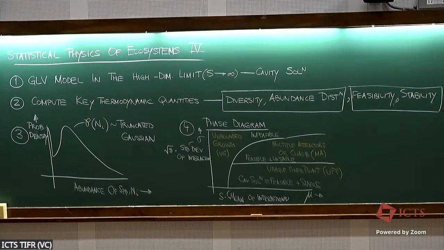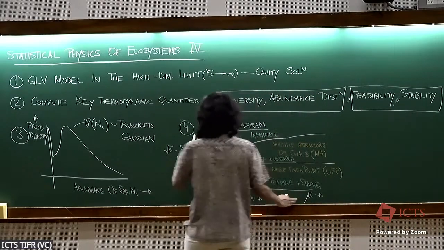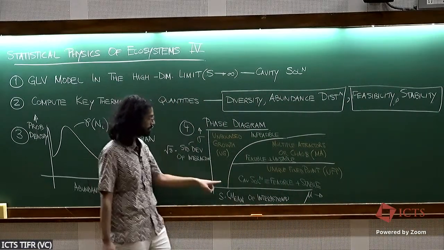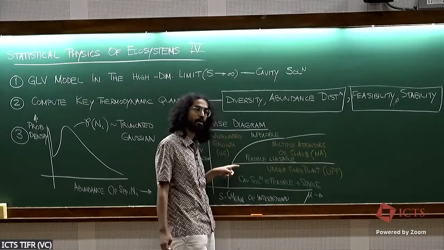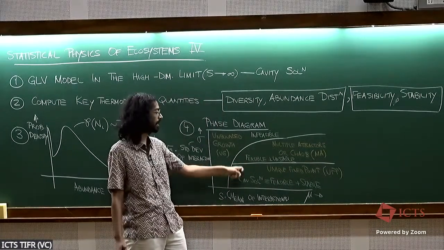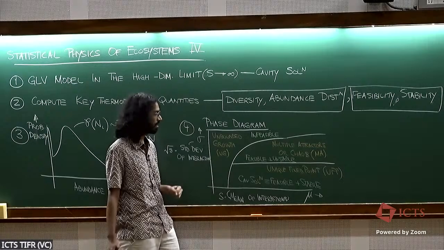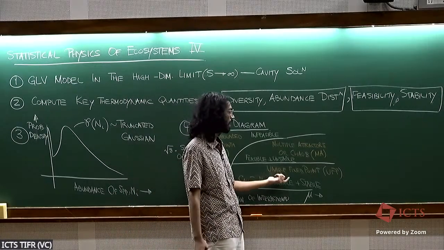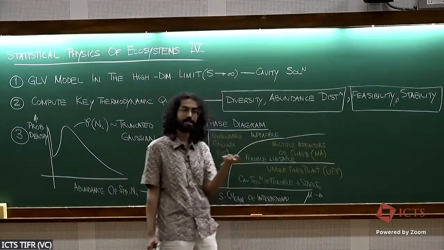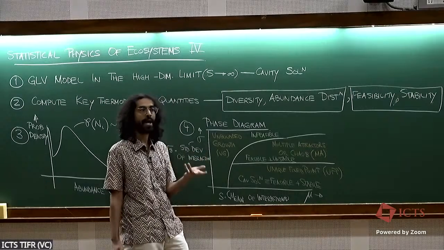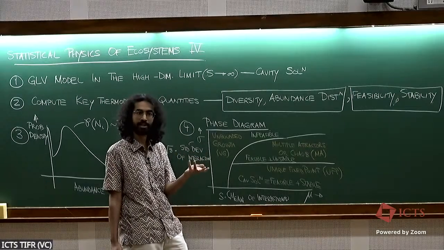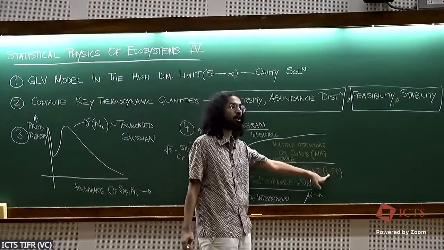Right? And if you look at this phase space of mu versus sigma, what you see is that there are two phase boundaries separating and creating three phases. There's one phase in which you get a unique globally stable fixed point, which attracts all trajectories. That's often called the UFP phase.